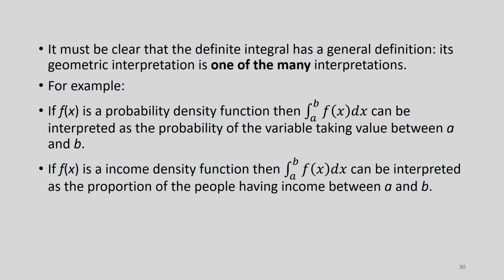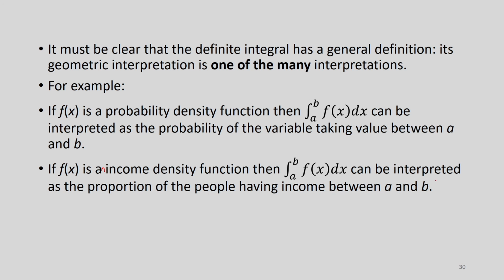And then there is this other interpretation from the subject of economics. If f(x) is an income density function, then the integration of a to b f(x) dx can be interpreted as the proportion of the people having income between a and b.